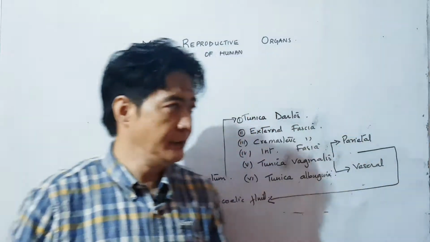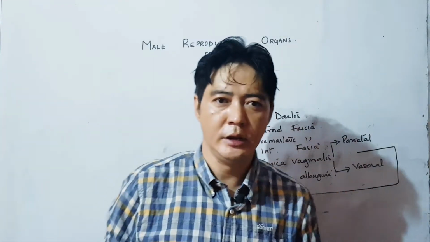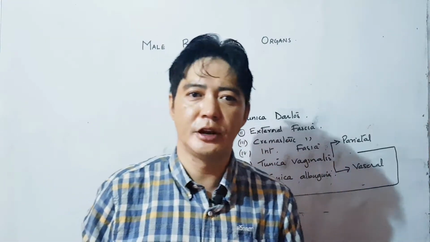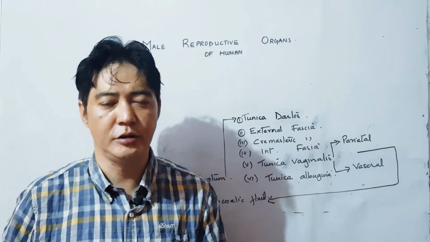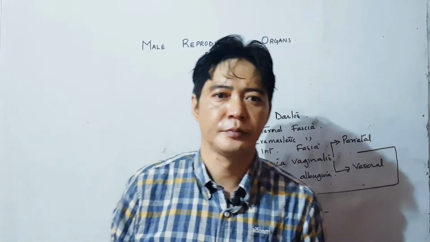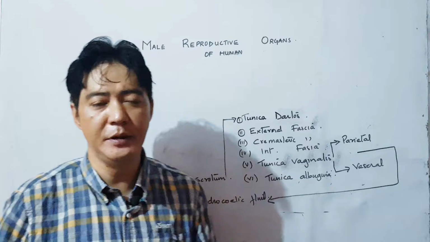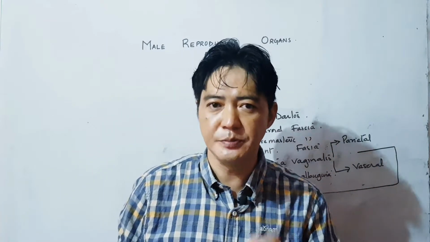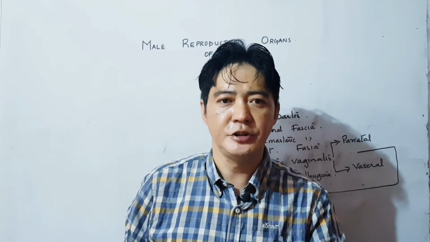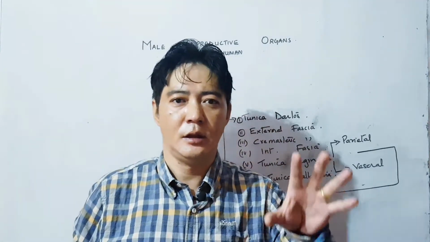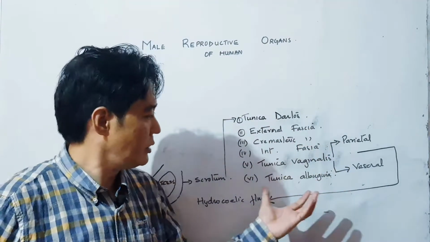Say for example, our normal body temperature is 37 to 38 degrees Celsius. You can say 37 normal. This hydrocelic fluid maintains the temperature of testis, means the temperature of the testis should always be less than the body temperature.